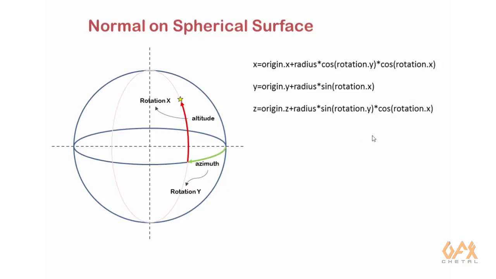This is the simple mathematics of trigonometry: x of this particular point is equal to origin x plus radius of this sphere times cos rotation y times cos rotation x, and y of this point is equal to origin y plus radius times sine rotation x, and z is equal to origin z plus radius times sine rotation y times cos rotation x.